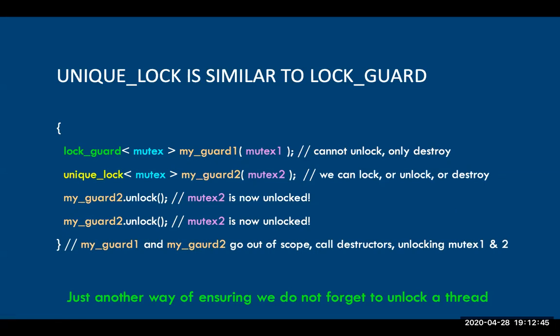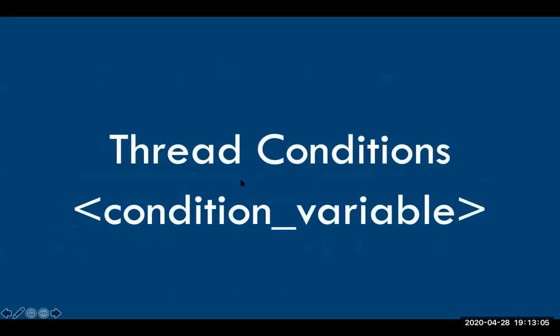It's supposed to be kind of the best of both worlds versus just using the straight mutex. Because sometimes with a lock guard, you don't want to have to create local scope just to get it to go away, right? You just want to forcibly unlock it at that very moment. So the unique lock will let you do that. That's just FYI.